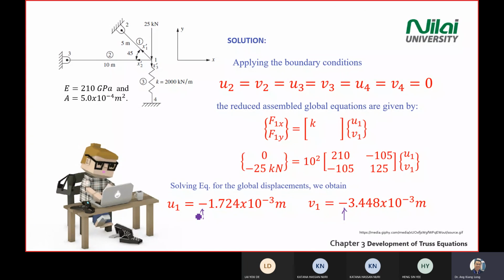Yeah. So okay, if you look at the screen here, let's say you calculate and then you get U1 equal to negative 1.7 10 power negative 3 meter. What is the direction of the displacement at point 1?